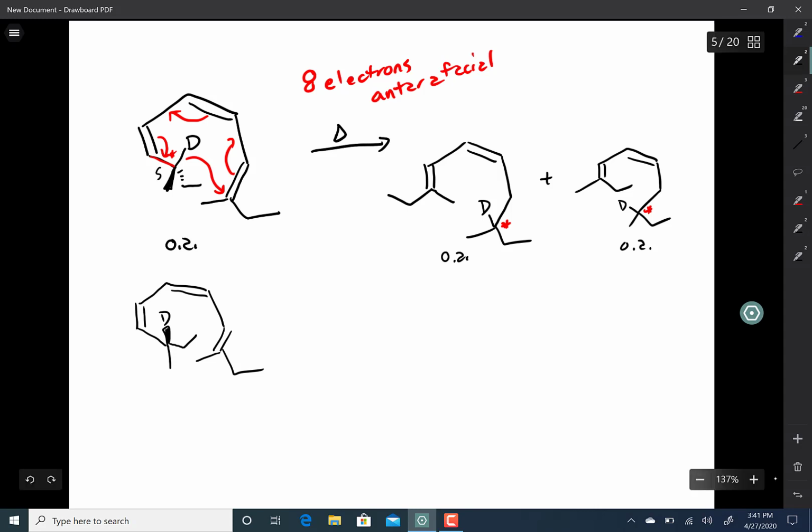This is an S chiral center. Notice this is still an S chiral center.